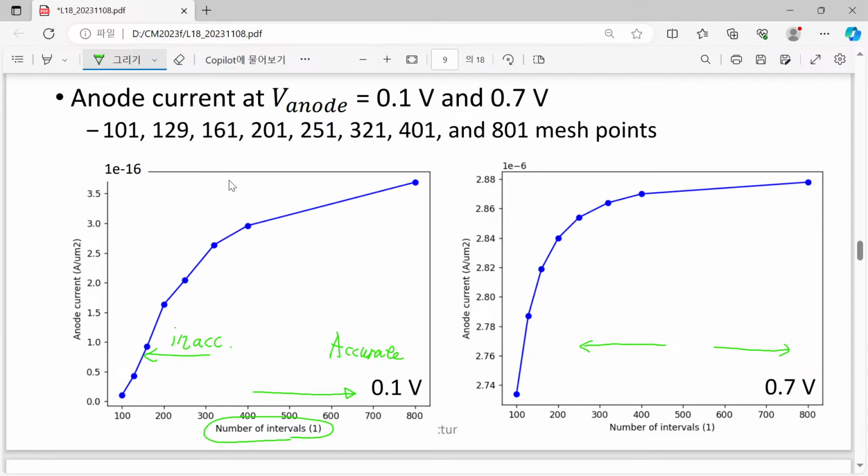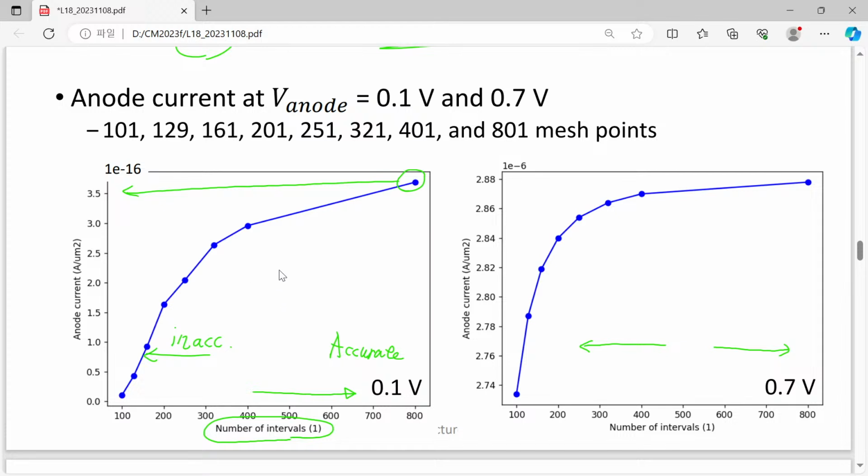Although here we have certain values, when we introduce coarser and coarser grids, then eventually we almost lose all the current. Please have a look once again. In this case, we have an accurate value.